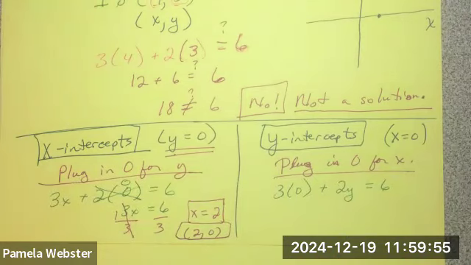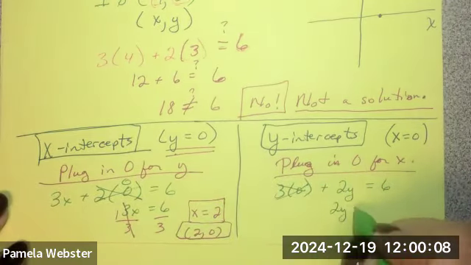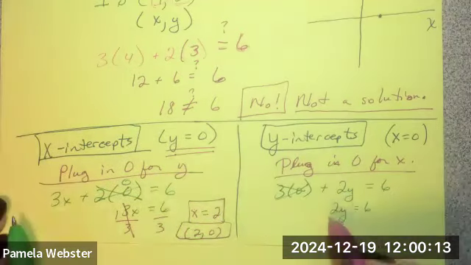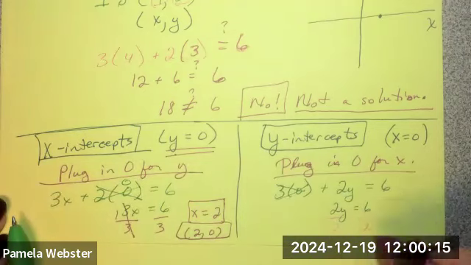All right, for the y-intercept, we said plug in 0 for x. So it's 3 times 0 plus 2y equals 6. So the 3 times the 0, again, that's going to be a 0. I've got 2y equals 6. Again, to get the y by itself, you divide by 2, divide by 2.